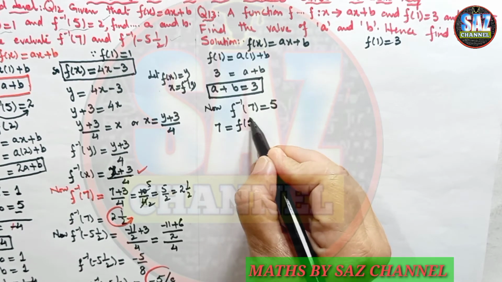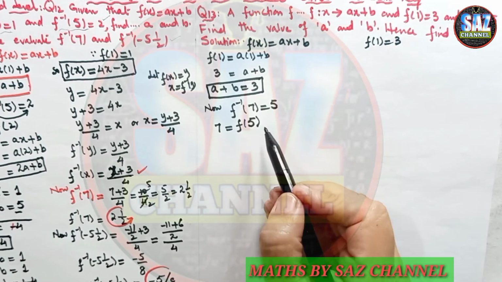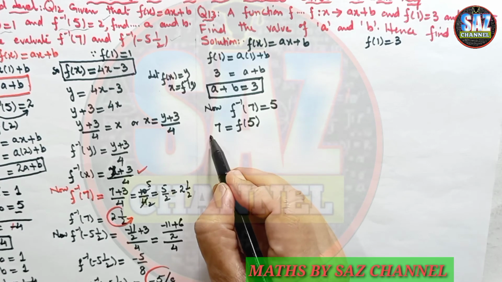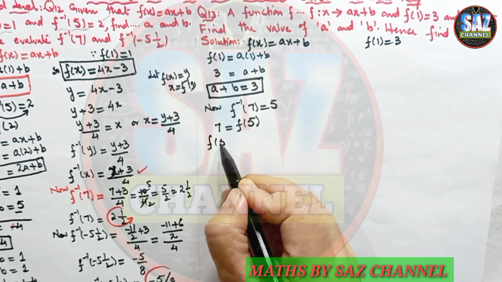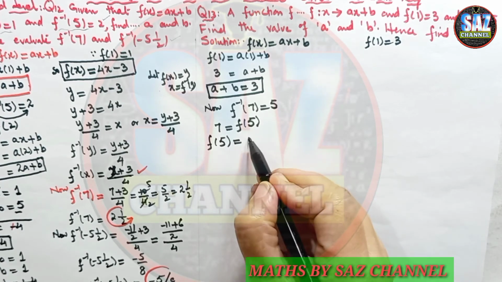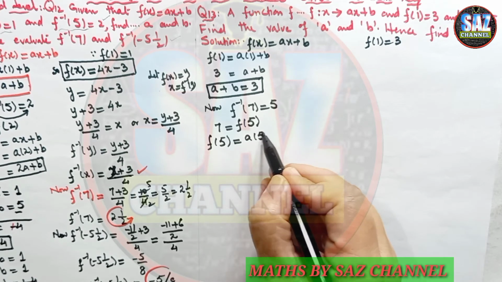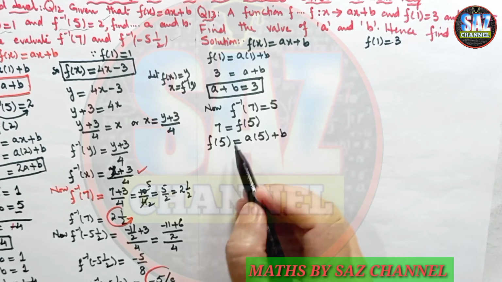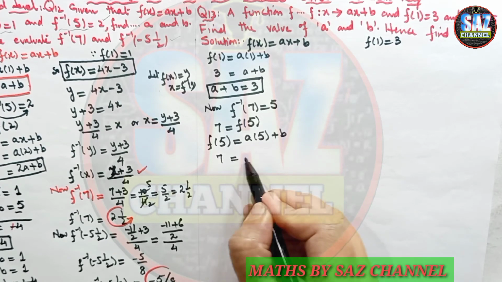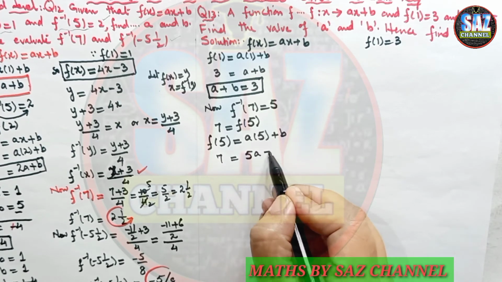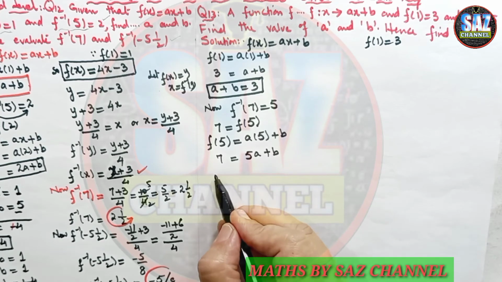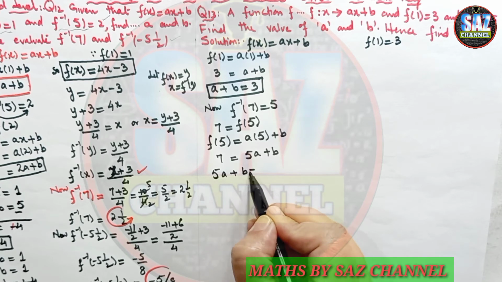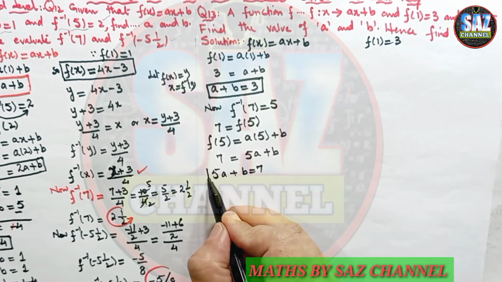That means now instead of the variable of the function, I have to replace 5. So the function will take the form f of 5 equals a into 5 plus b, and instead of f of 5 I replace 7, which is equal to 5a plus b. This is my second equation, 5a plus b equals 7.